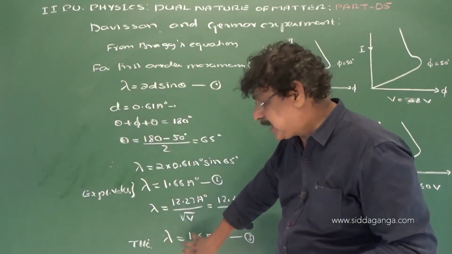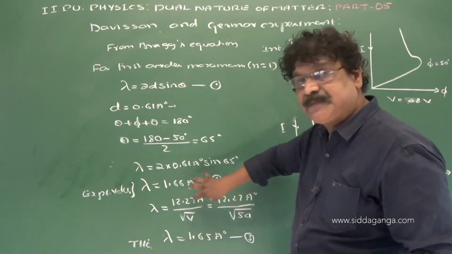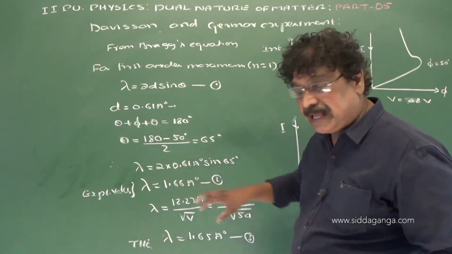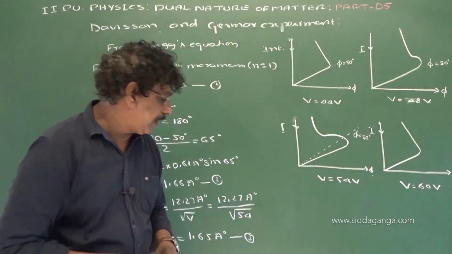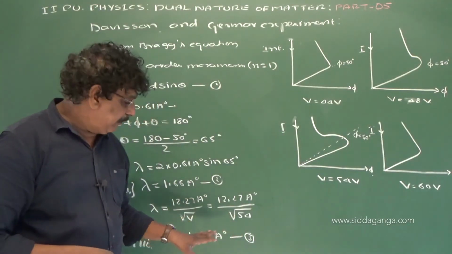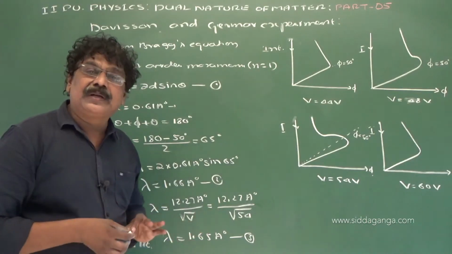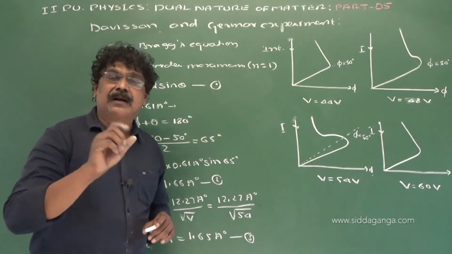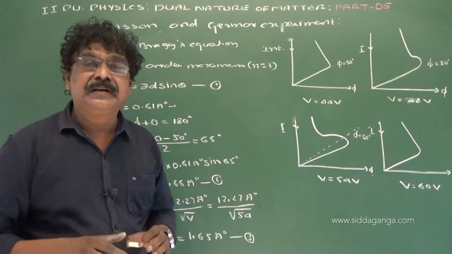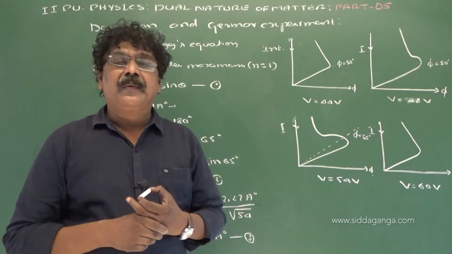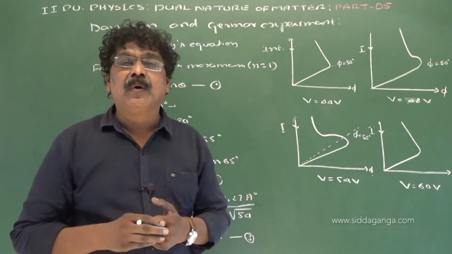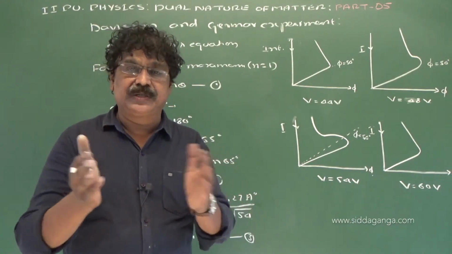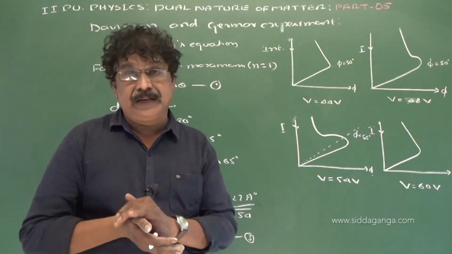This theoretical value and experimental value are in good agreement with each other. You got my point? Therefore we can come to the conclusion that the electron exhibits diffraction. When electron exhibits diffraction, there is no doubt that the motion of electron is associated with wave nature.